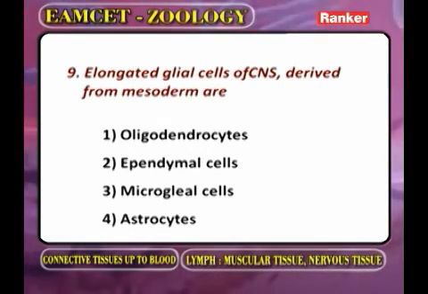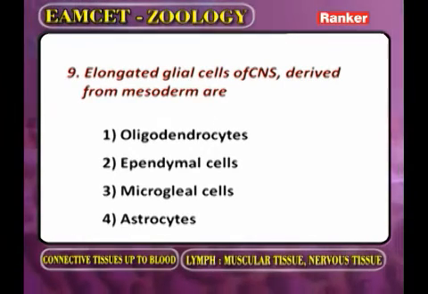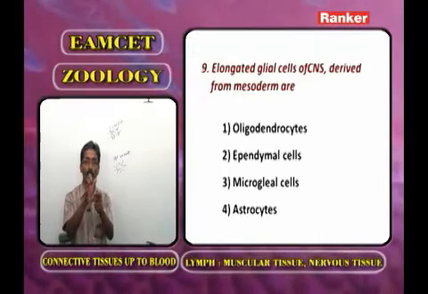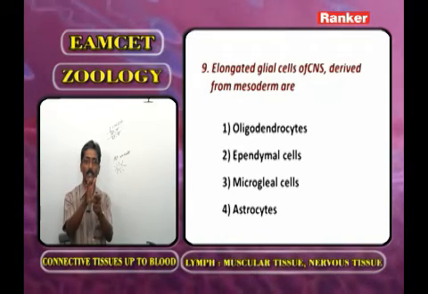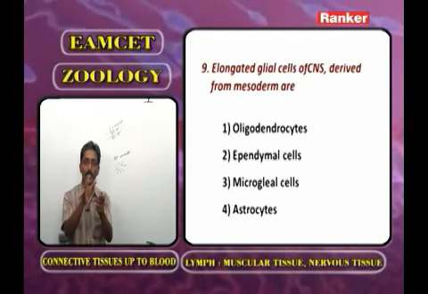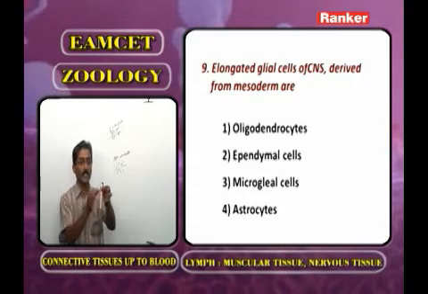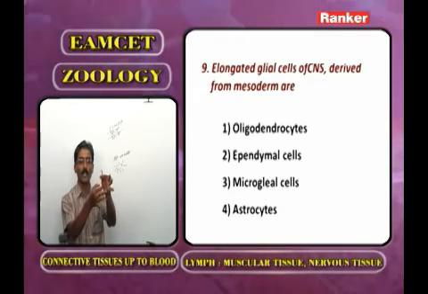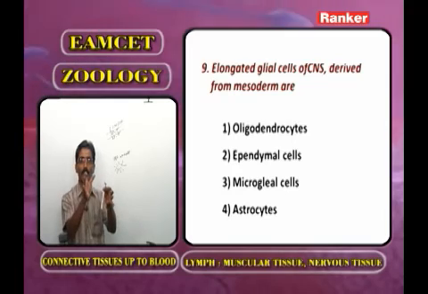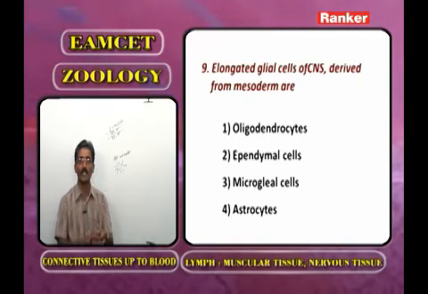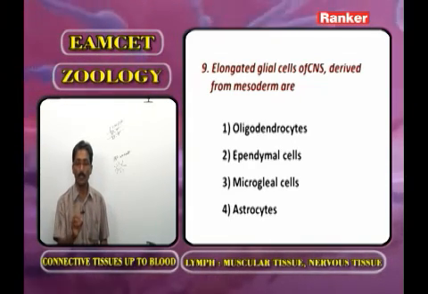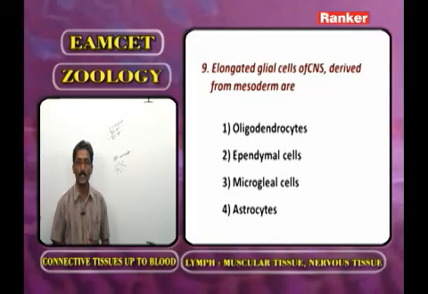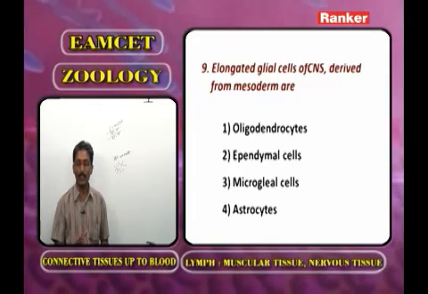Now, in the central nervous system, myelinated and non-myelinated axons are present. In the myelinated axons, this is the axon. Around the myelinated axon, what is present? The myelin sheath. Such myelin sheath in the central nervous system is produced by oligodendrocytes. Now the answer is the first option.